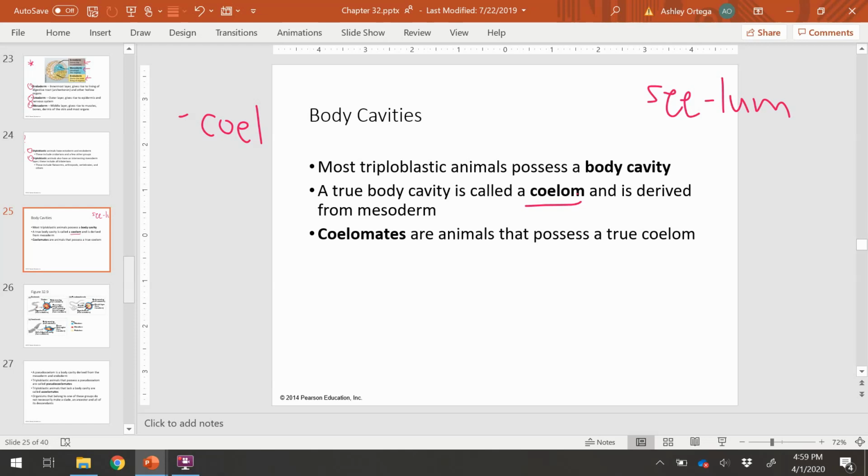This is a word that means true body cavity. And a true body cavity or opening region is going to be derived from the mesoderm tissue, or mesoderm germ layer. And so we'll see in the next image some different body cavities, and the ones that possess a true coelom are called coelomates. And so that's something here.